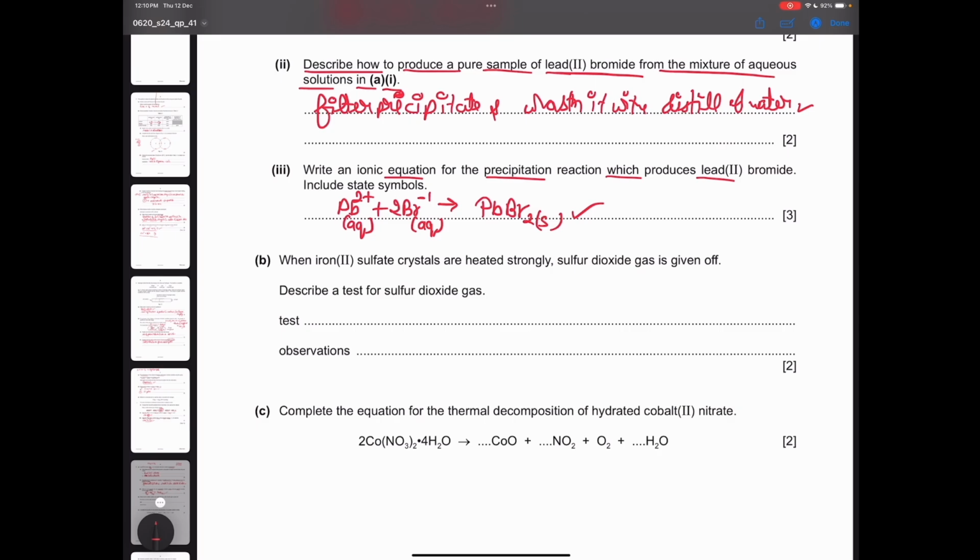Alright. 1 mark you get for writing the product properly, 1 mark you get for writing the reactants properly, and 1 mark you will get for writing the state symbols. So if you miss state symbols, you will get only 2 out of 3. Now, how have I done this? Just look at the compound and think of the ions it might be made from. It's very simple. It's made from lead ion and bromide ion. So just write them.